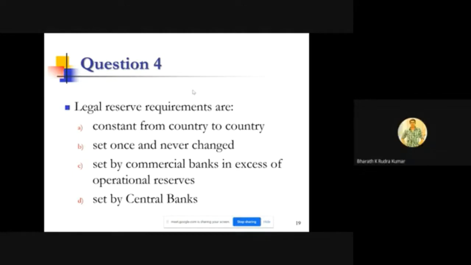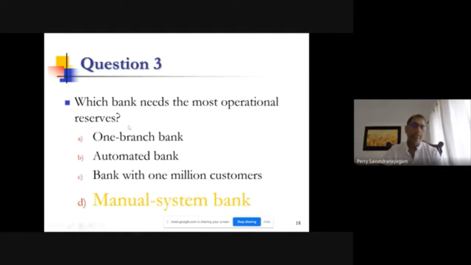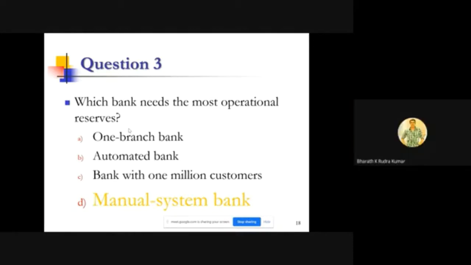As all of the banks in the current context have become automated, is this question practical? Okay, so what you're saying is, is this question practical given the current situation where most banks have automated, right? Yes, sir.